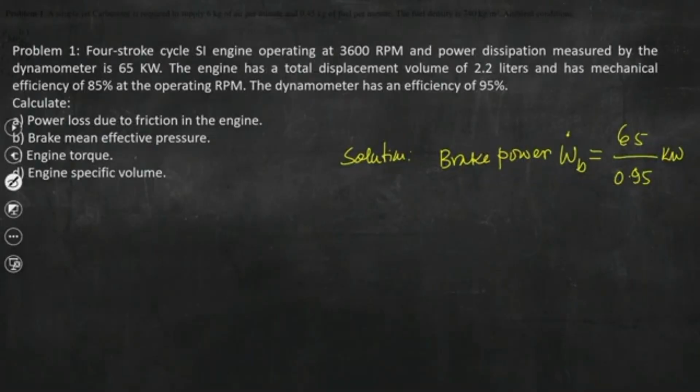Next, what would be the indicated power? We also can calculate indicated power. W_I dot equal to W_B dot divided by eta mechanical.